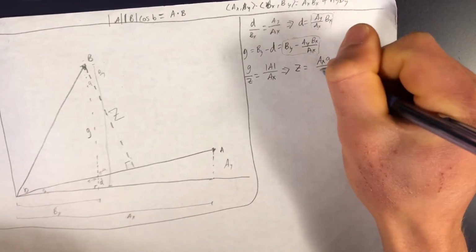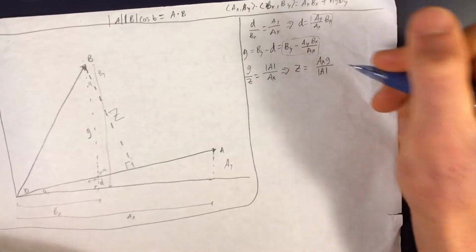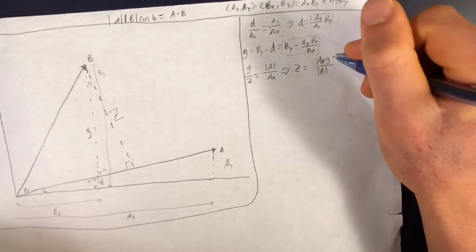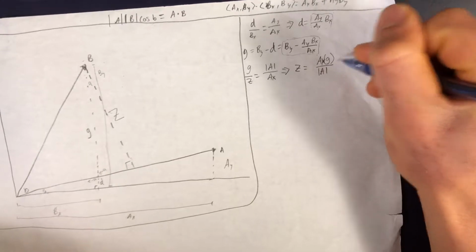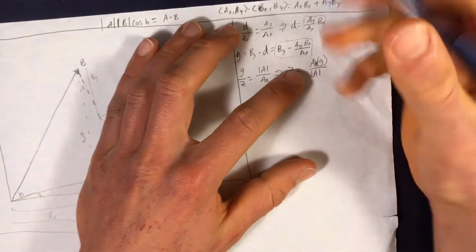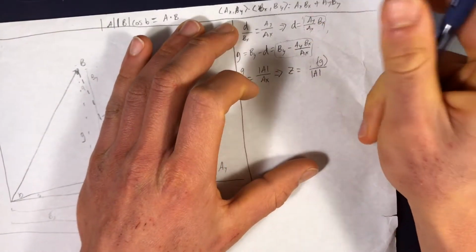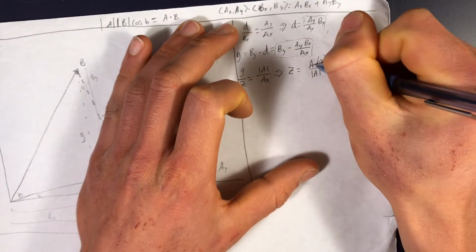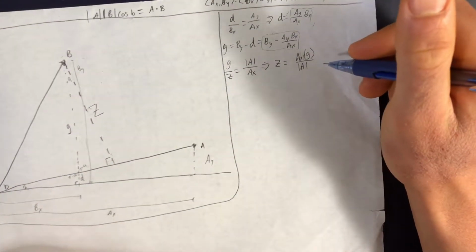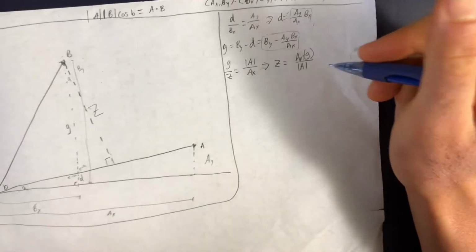Absolute value of AX, or no, dang it. Whatever, you guys get it. AX, G times G. Just put G in parentheses. That looks like AY. Darn it. The absolute value of A. Oh, whatever. So we got that.